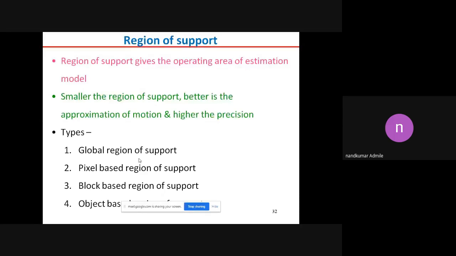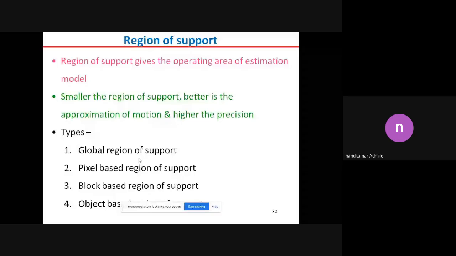In order to estimate the motion, we have to consider the pixel position. There are four different types, and by using these four types we can consider the motion of particular pixels.